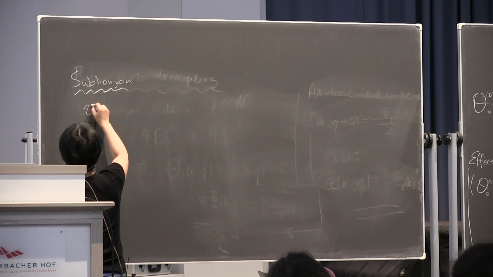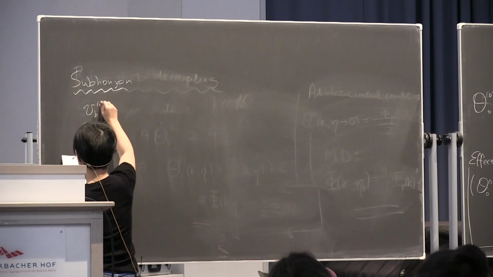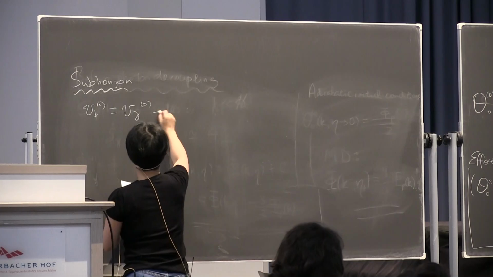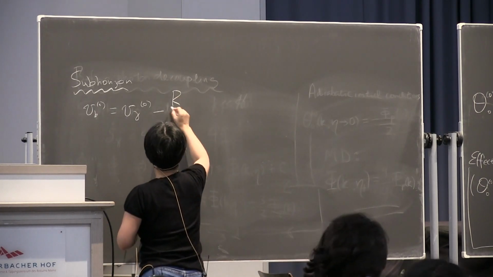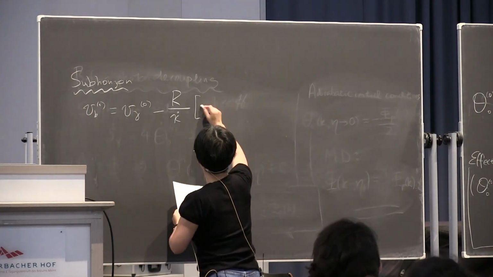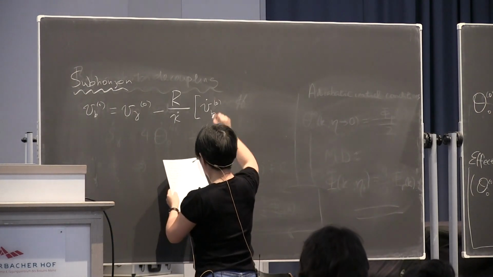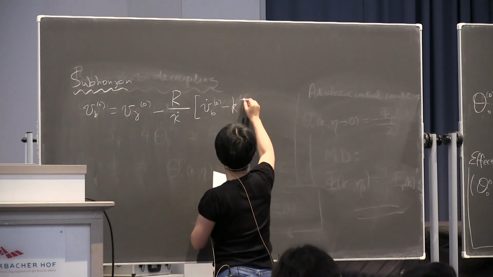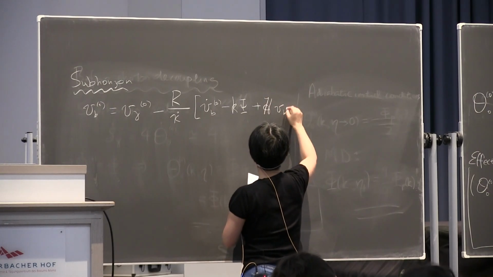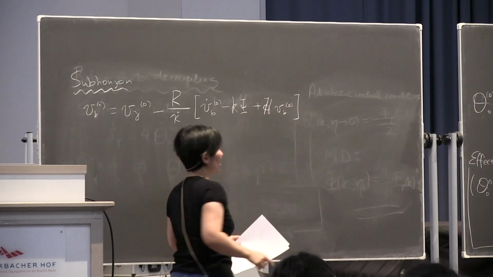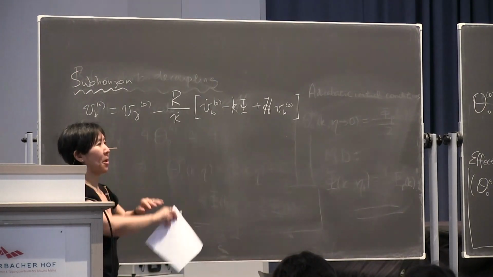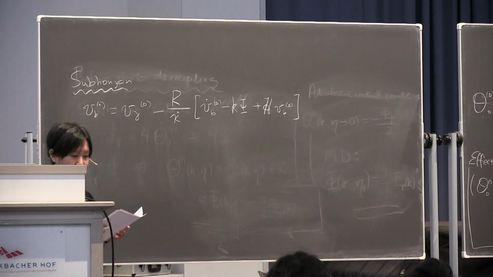So I write V_B naught is equal to V_gamma naught, and then R divided by kappa dot, and then V dot B naught minus K psi plus H V_B naught. Okay, this is exactly that second equation for baryons. I've just turned it around, rearranged it, right?